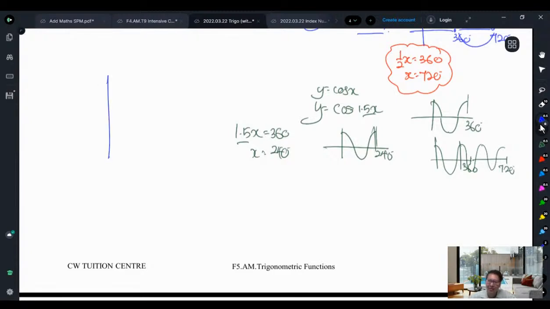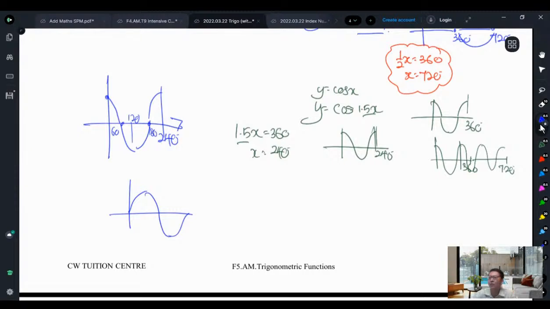Did you notice that when I draw cos, how did I draw? Look carefully. 1, 2, 3, 4. Whenever I draw sine or cos, it will be 1, 2, 3, 4. Why is it so? Because if it is 240, I need to divide by 4. This is 60, 120, 180, and 240. This is how you divide.